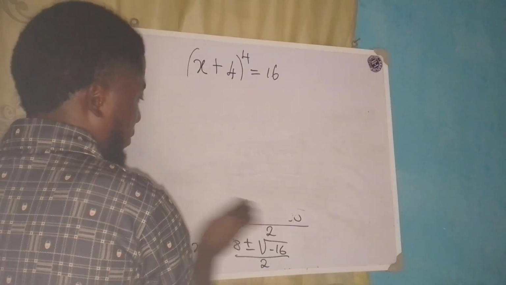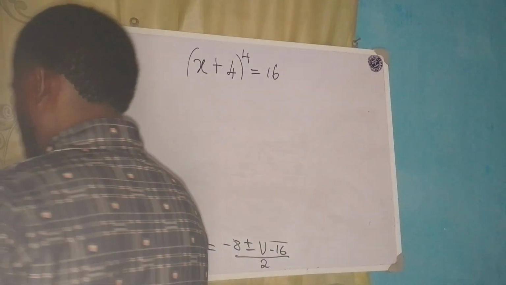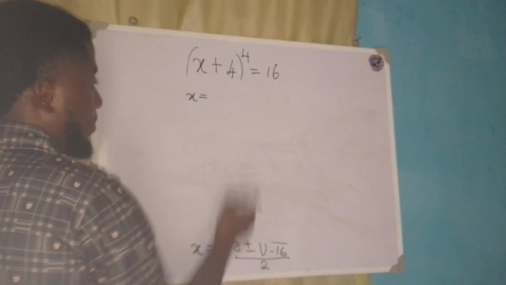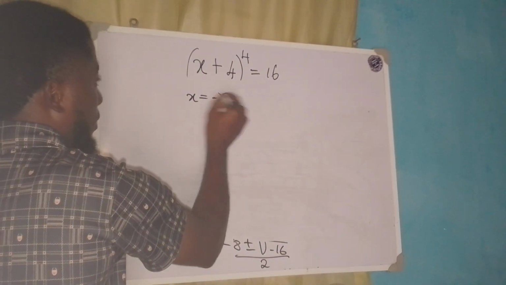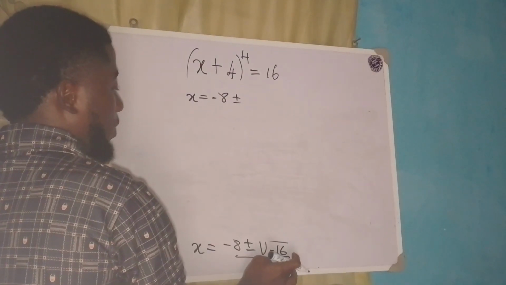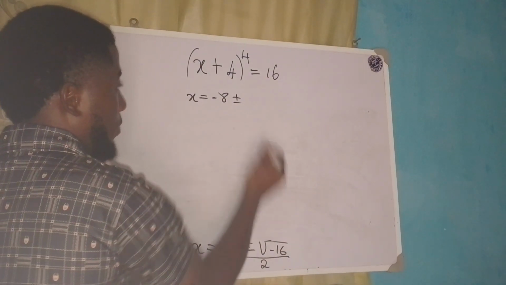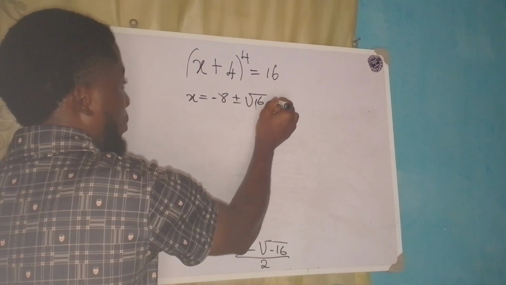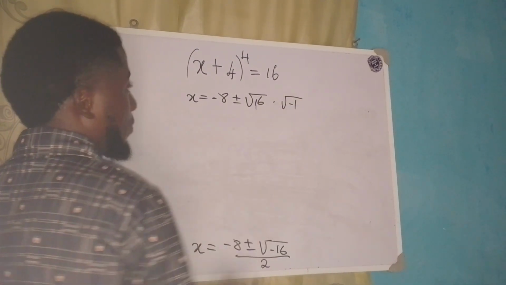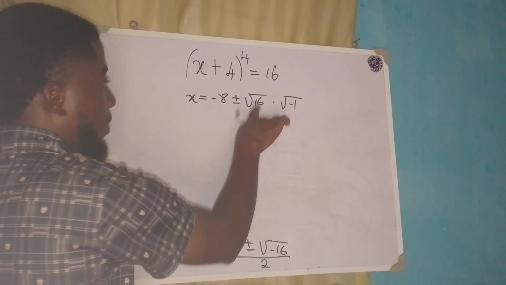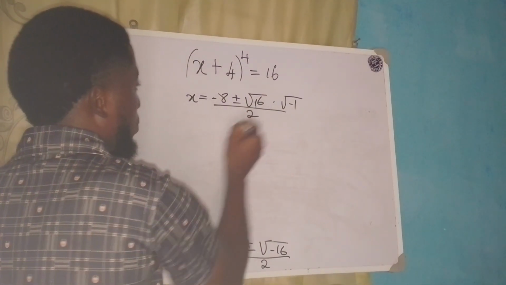So from here now, x will be equal to minus 8 plus or minus the square root of 16. I want to pick out this negative from here first. So we have the square root of 16 multiplied by the square root of negative 1. This way, we can press the calculator to get the square root of 16. Then we divide by 2.